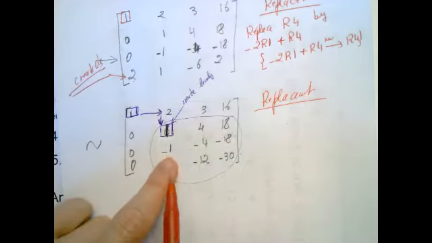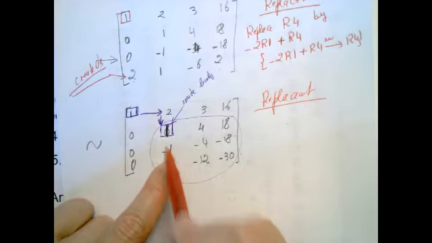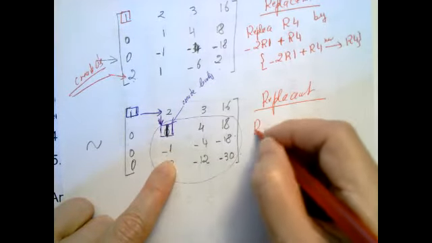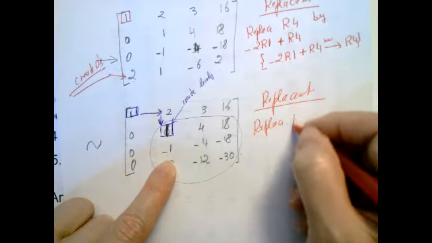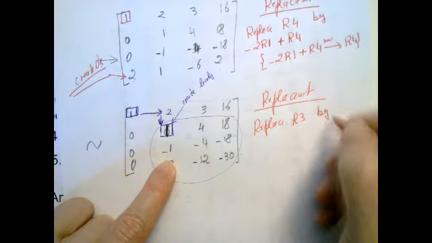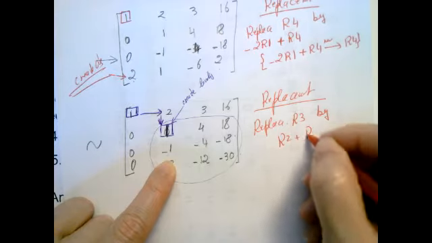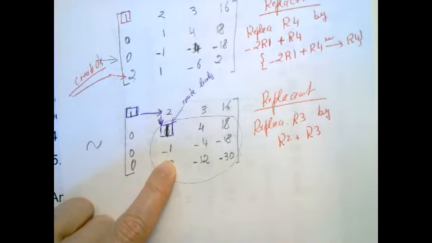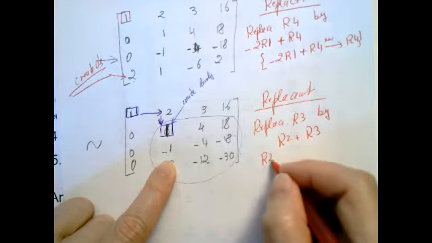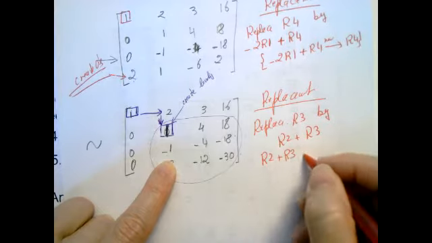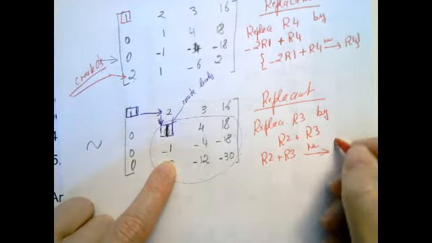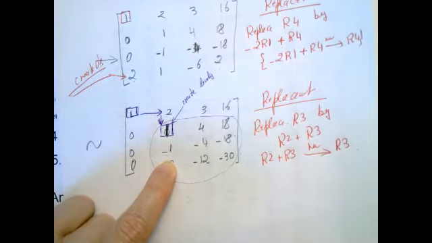So to create a 0 in this row, we have to do nothing more than replace R3 by the sum of R2 and R3. It means I'm going to take R2, add it to R3, and this will become my new R3, because 1 minus 1 will give me a 0.